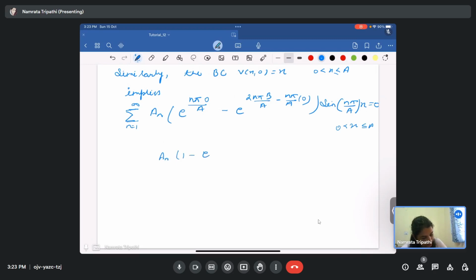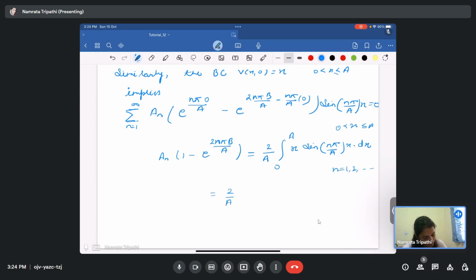This will become 1 and this will become 2 n pi b by a, equal to the integration of x into sine n pi upon a into x, and the integration of the denominator term will be a by 2, that means 2 by a dx, where n is varying from 1 to infinity.